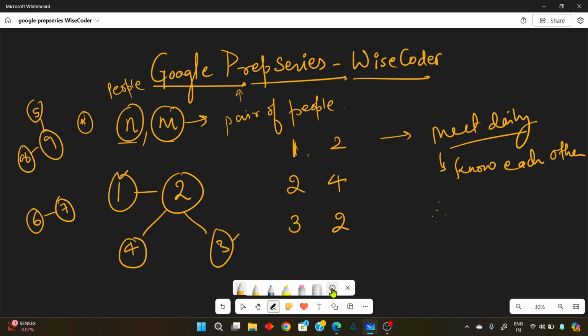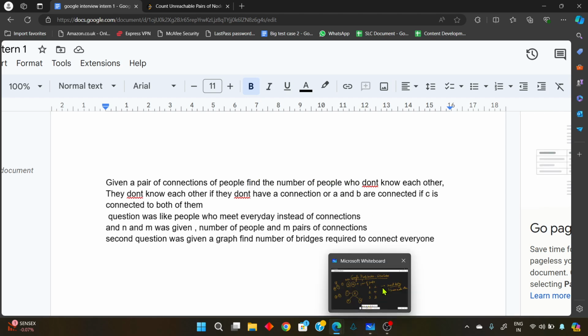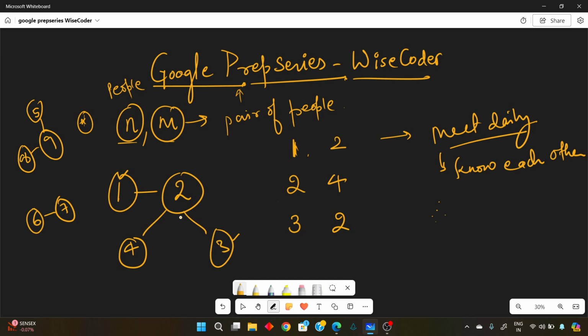Now, the problem statement is asking you to find the number of people who don't know each other. Relate it to your normal day-to-day life. You have a group of friends, and some other people have their own group of friends. Person 6 doesn't know person 4 because they are not in the same group.